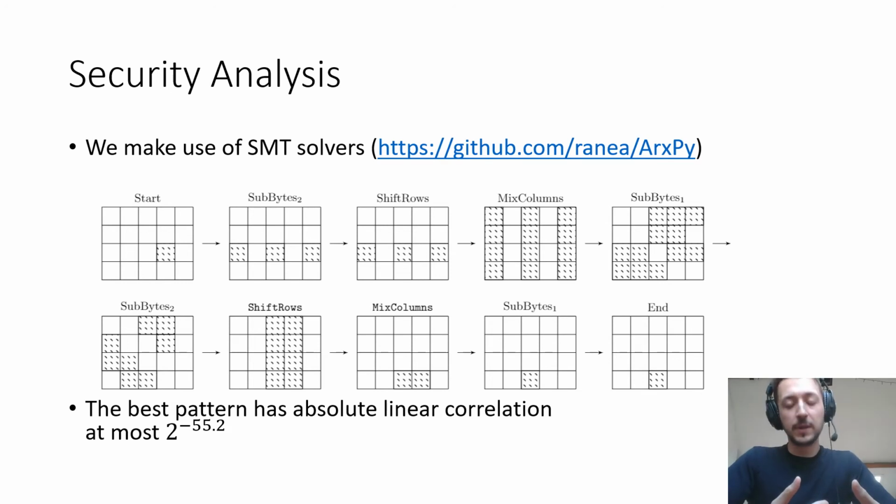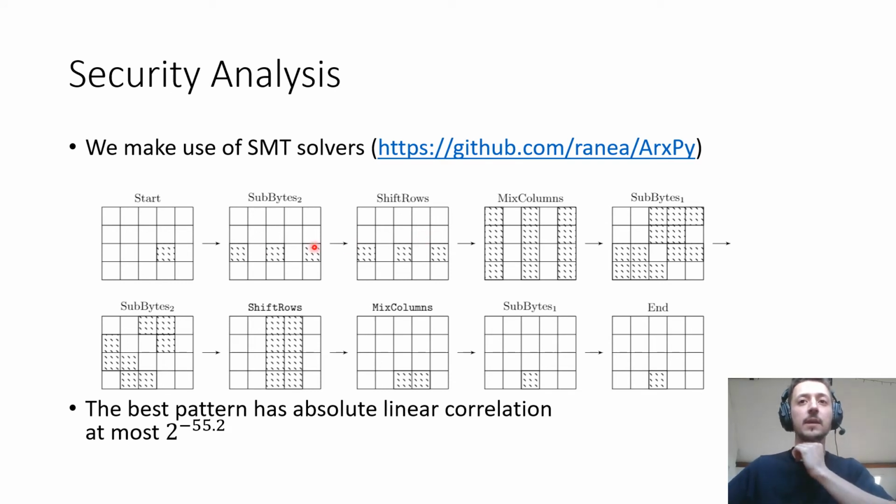Now, what we did is we made use of SMT solvers, and the specific SMT solver we used you can find here, in order to program in the sharing that we just created and to find what are the best activity patterns through this sharing. And it's with this tool that we could test all these diffusing properties of the changing of the guards that I mentioned 2 slides ago.